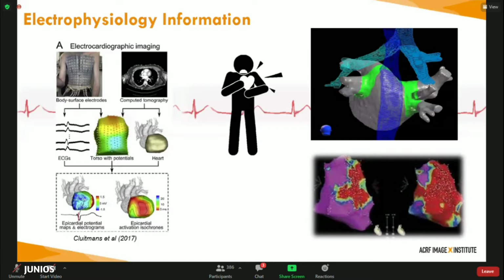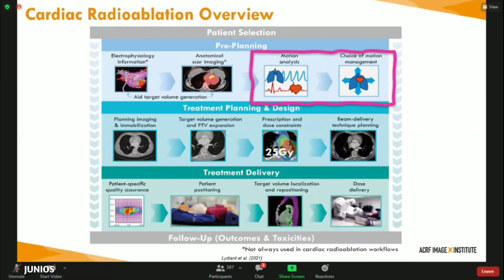Combining electrophysiology data with radiotherapy CT planning dataset within treatment planning systems is also not straightforward, but I'll discuss this more shortly. Another key difference is in regards to motion management, because these intracardiac targets undergo both respiratory-induced and cardiac-induced target motion.